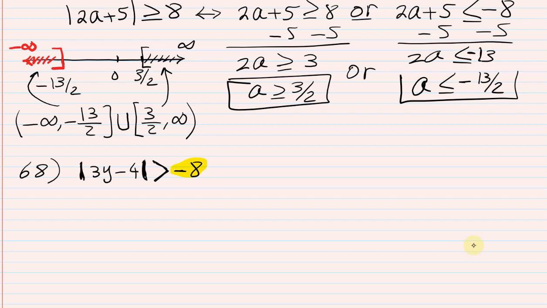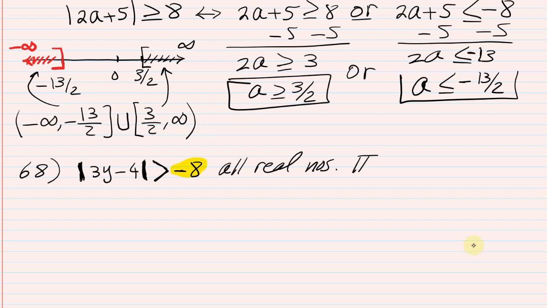So whatever y is, I don't care. Once we evaluate that expression, the answer is going to be positive with absolute value, and any positive number is bigger than -8, isn't it? So this is always true, regardless of what you choose for y. Therefore, the answer is all real numbers for y.